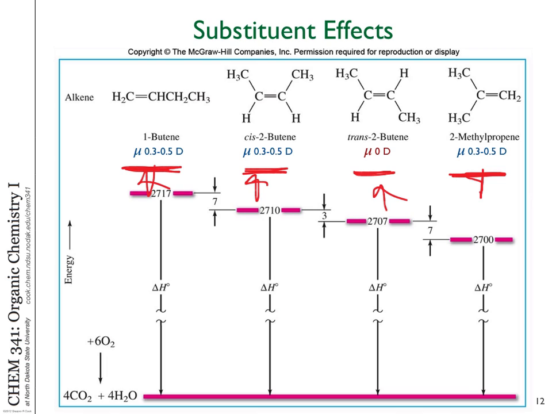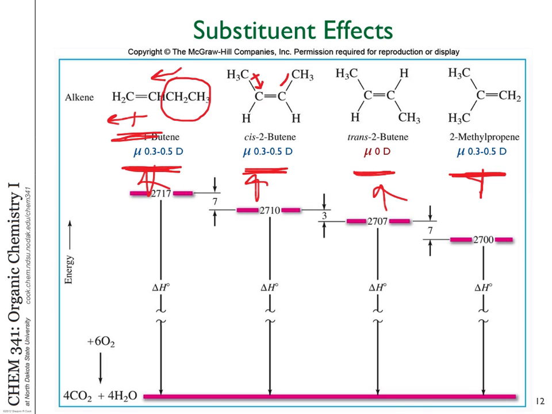Why would that be? Well, alkyl groups are very slightly electron donating, electron pushing. So if you think about 1-butene here on the left, we have an alkyl group which is pushing electron density. So overall, the molecule will be slightly polarized. All right. If you have cis 2-butene, you have along the direction of the bond here, you have some electron density pushing this way.